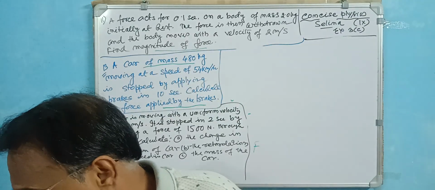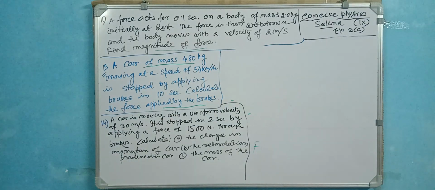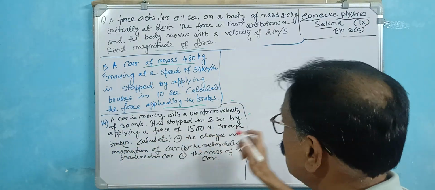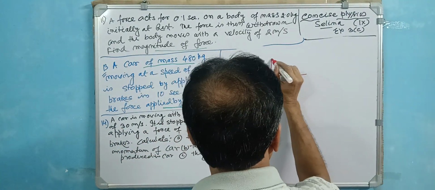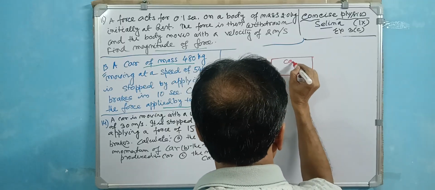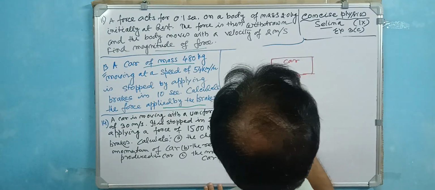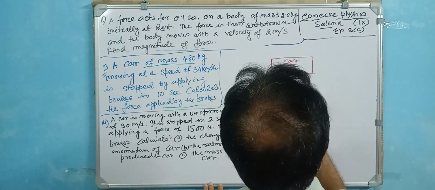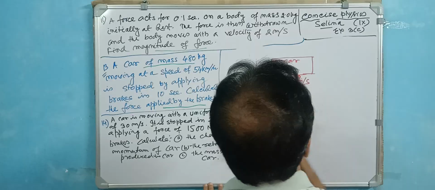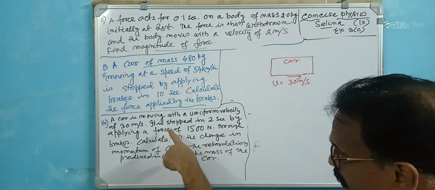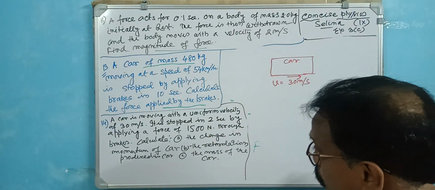This is also a moving car. I am going to use the red pen, sorry. A car is moving with a uniform velocity. This is the car moving. So this is u. What is the given data? First you write, in this direction, it is stopped in 2 seconds by applying a brake.